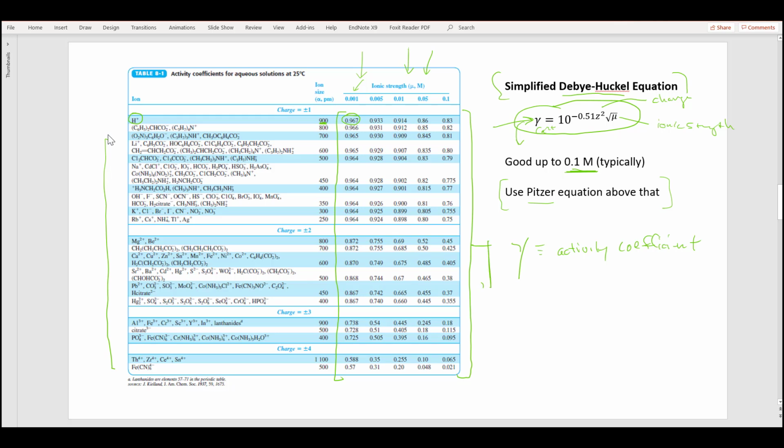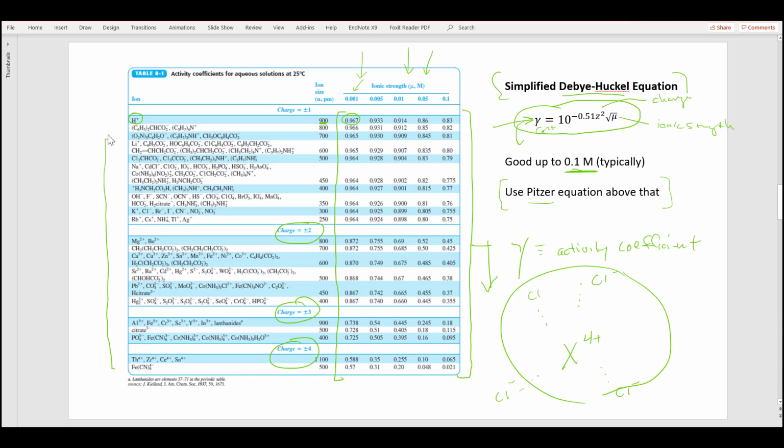But as you descend this table, where the charges go to 2s or 3s or 4s, then of course the effects of ionic shielding become really important, because if you've got an ion that's got a 4+ charge, of course any other ion with a negative charge even remotely near it is going to have a strong electrostatic interaction with it, creating a huge shielding effect.